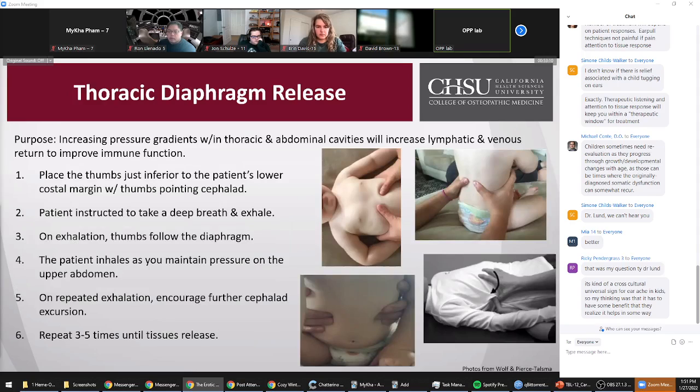So in the infant, a thoracic diaphragm release is very similar in some ways to the adult. It's similar only because you make a diagnosis, and because of the area of the anatomy. It's different because of the size proportion, the amount of pressure, and the fact that you could, just like in the adult, do one side versus another. One side first, then another.